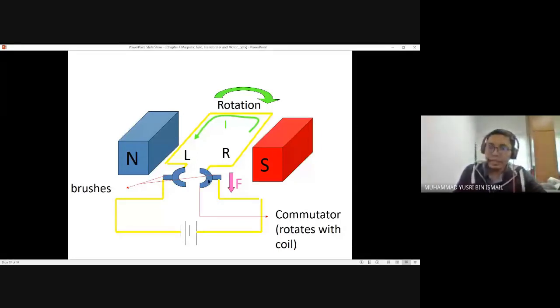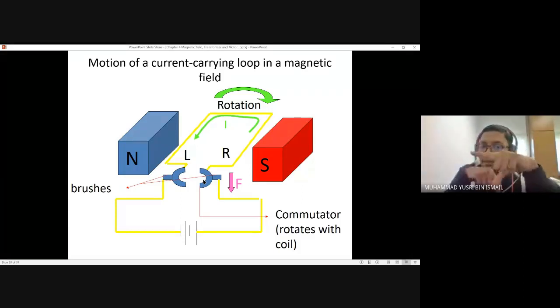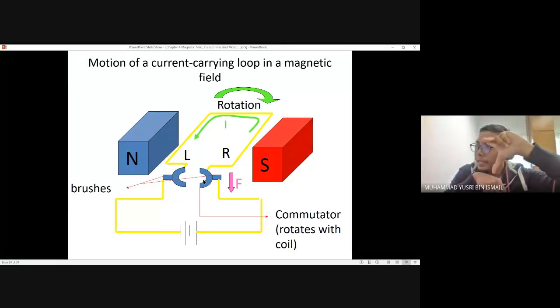Energy will be its power lah. The power of the motor atau generator. This is the base north to south, and then force pointing downward, and then this will be the current flow.